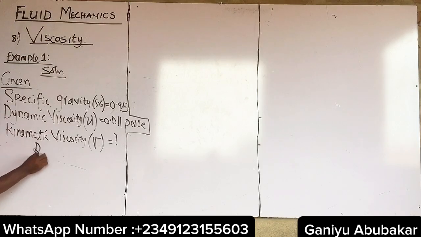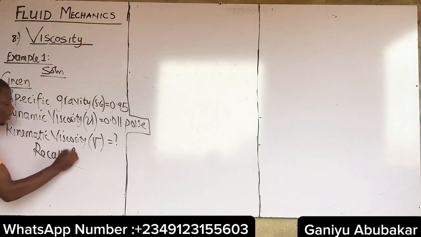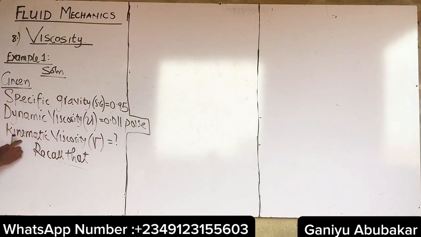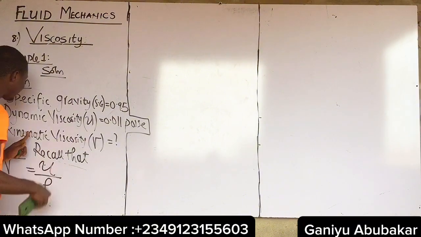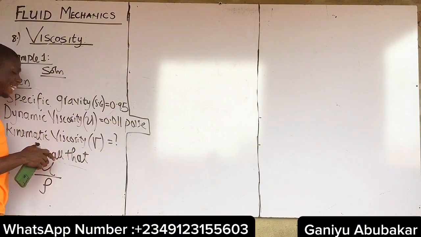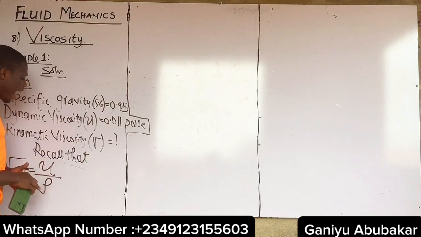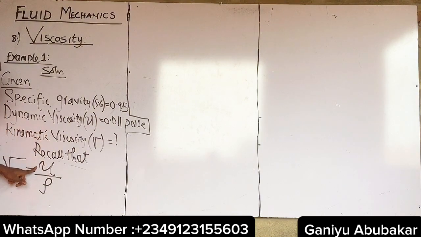Recall that kinematic viscosity, which is nu, is the ratio of dynamic viscosity over mass density. So to get kinematic viscosity, I need two things: dynamic viscosity and mass density.